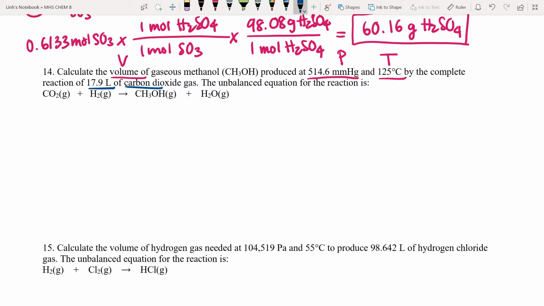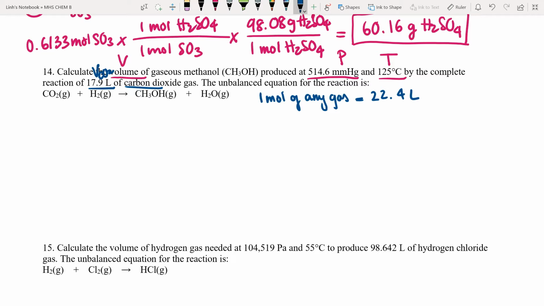So carbon dioxide, V of CO2. Now the conceptual part, or key concept that you need to understand, is that 1 mole of any gas will take up 22.4 liter.